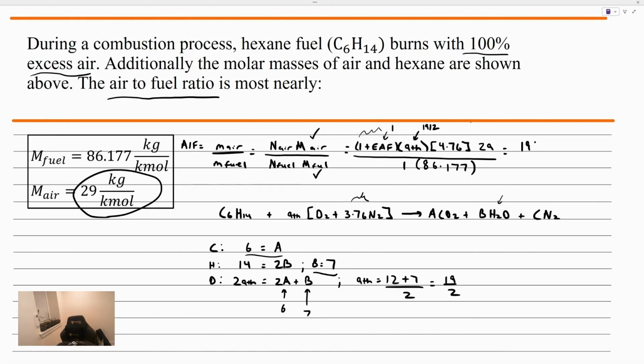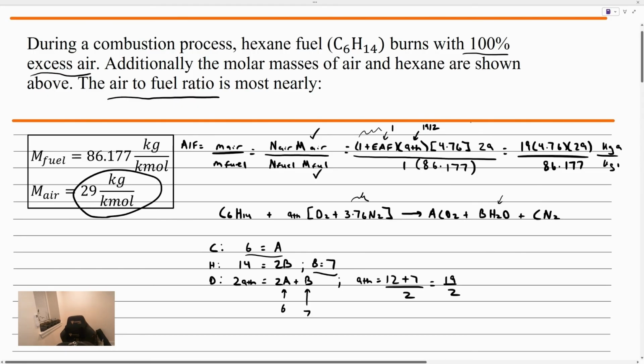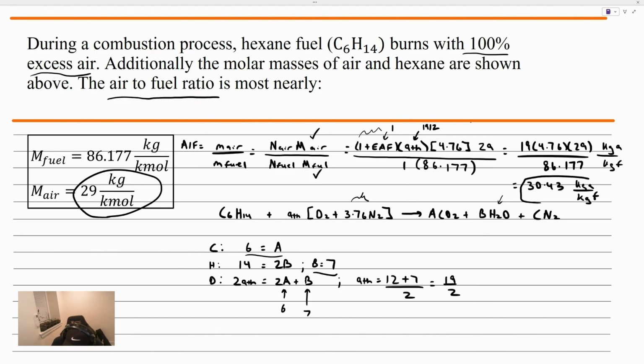We have a 19 times 4.76 multiplied by 29 divided by 86.177. The units on that is kilograms of air per kilograms of fuel. And it turns out to be around 30.43. Okay, so this is the answer. Let's go ahead and check that answer.